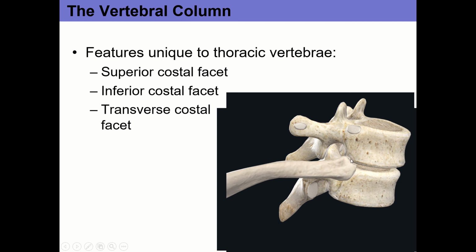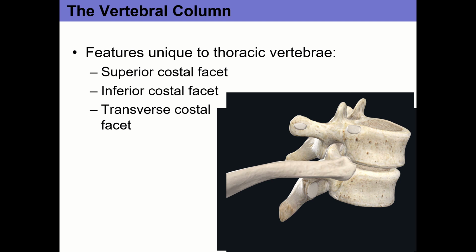But you can see the rib interacting with this inferior costal facet there, and then the superior costal facet down here. And then there's a tubercle on the rib, and there's a facet there, and so then that's going to interact with this transverse costal facet down here on T5, but it's covered up, of course, by the rib. So that's why that transverse costal facet is there.